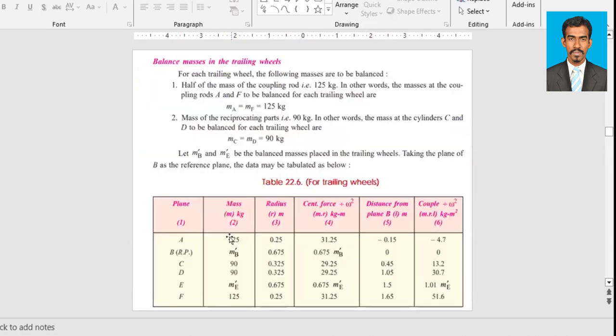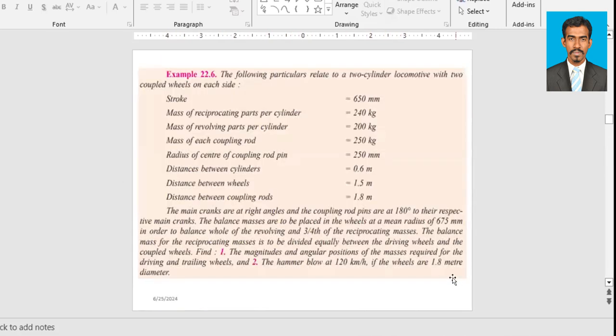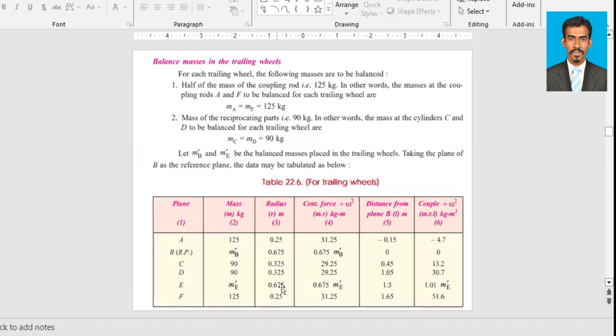So here I have 0.25 for coupling rod A and 0.25 for coupling rod F. And the balancing masses need to be placed at 675 millimeter according to the numerical. That's equal to 0.675 meter. So the radius of the balancing masses is 0.675 meter.